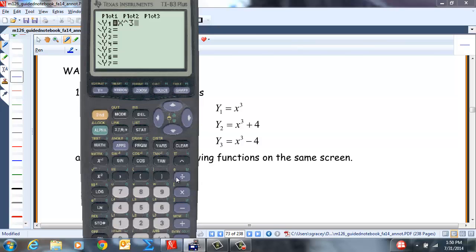We're going to compare how these other two change compared to that original. For the second one, we're adding 4 to each function value. And the third one, we are subtracting 4. So let's check it out.